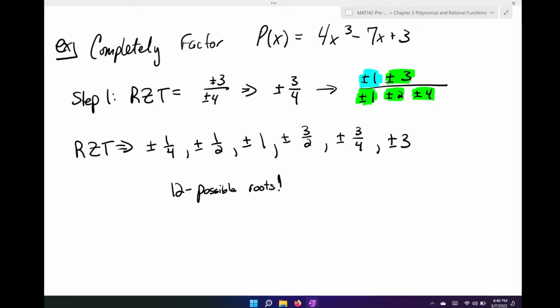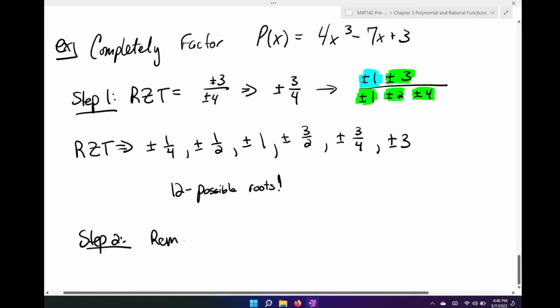Okay. So step 2, do this remainder theorem again. So give me 1 second. I'm going to set everything up for us.